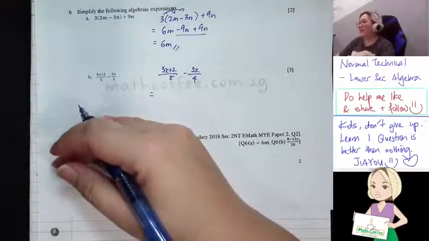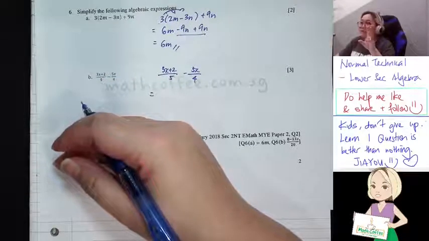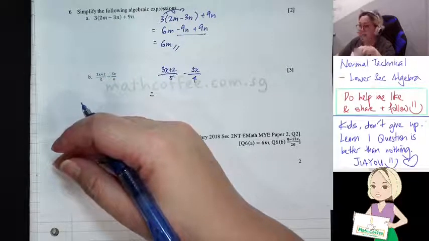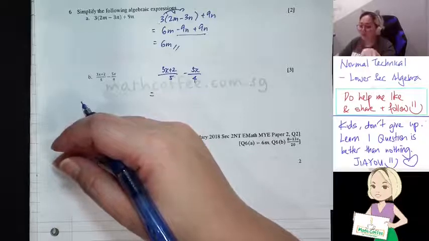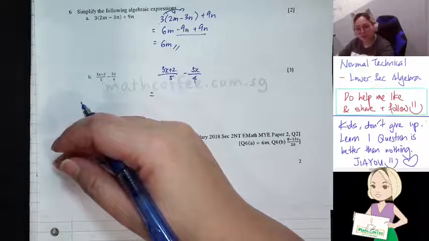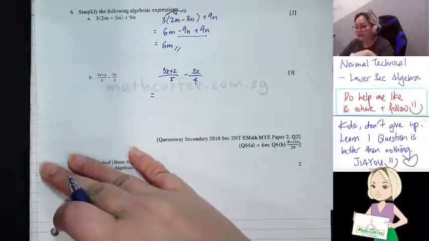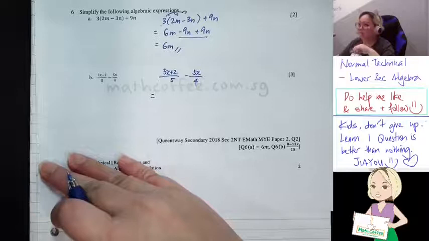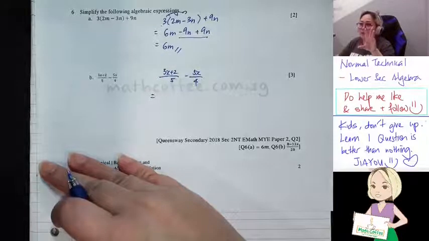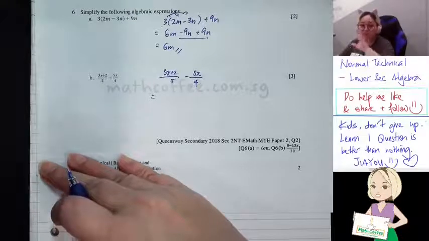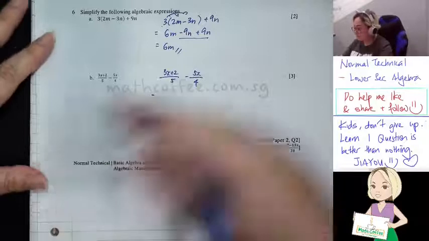So in other words, whatever we learn in Normal Tech, 99% definitely applicable in Normal Acad and Express. Whatever you learn in Normal Acad, 99% applicable to Express, definitely. It's just that at different levels, the number of topics is different, and the difficulty is also slightly different. Okay, let's move on.